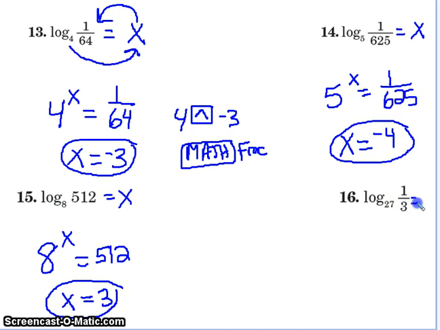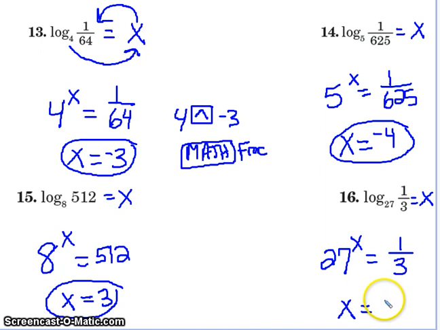And then our last relationship, if we have 27 to the x power equals 1/3, we know it's going to the denominator, and so it's going to have to be negative. And the number is actually going from 27 to 3, so that's going to be a root. So it's going to be -1/3.